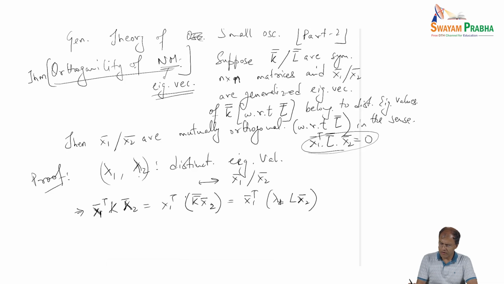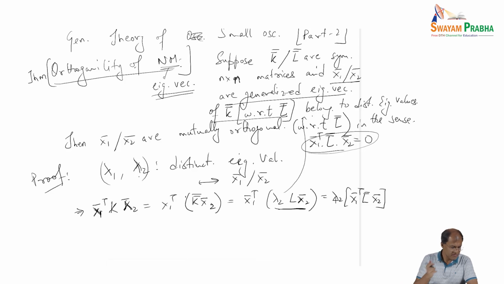We are getting this from our eigenvector definition. x1, x2 are the generalized eigenvectors of K with respect to L. That is the statement we have used in this multiplication. So now this is lambda 2 times x1 transpose L x2.